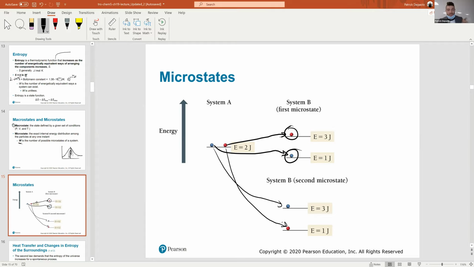But if you're looking at the microstate, the exact identity of each particle, particle 1 and particle 2, you have 2 here and 1 here, versus 1 here and 2 here. They're clearly different. So that's what we mean by microstates: the number of individual arrangements of the particles in the system.